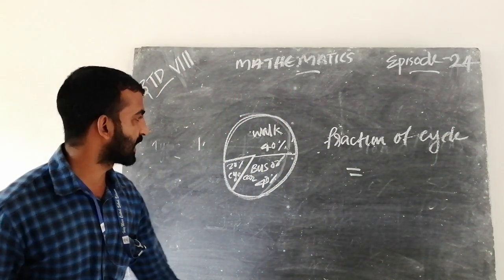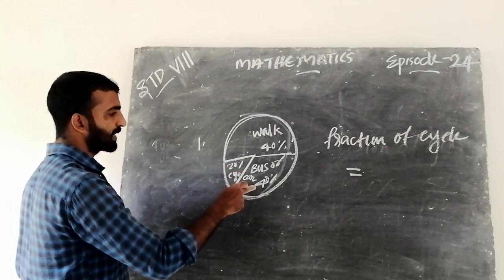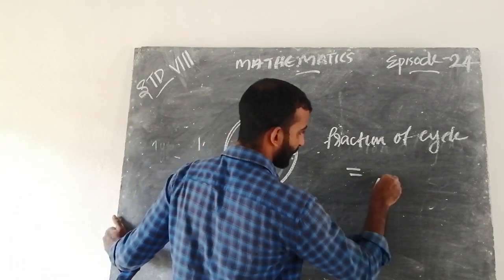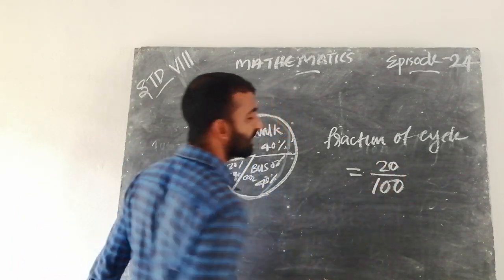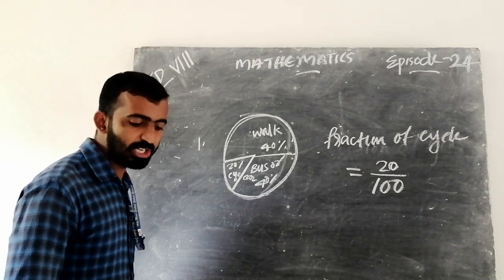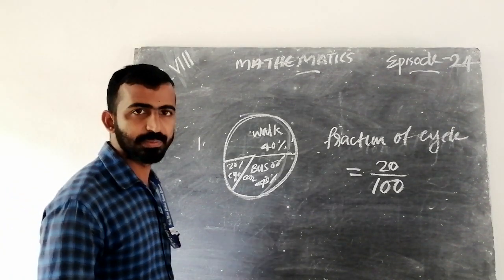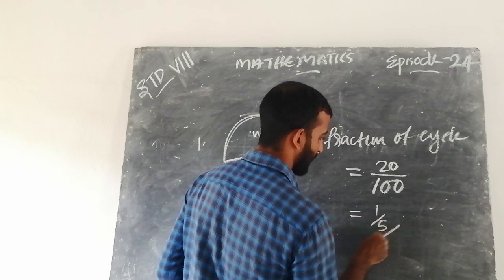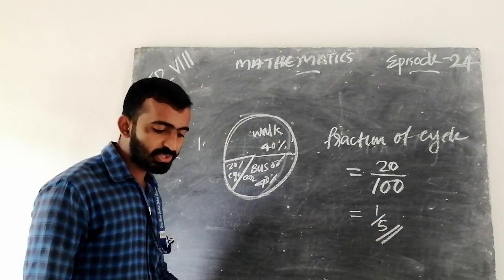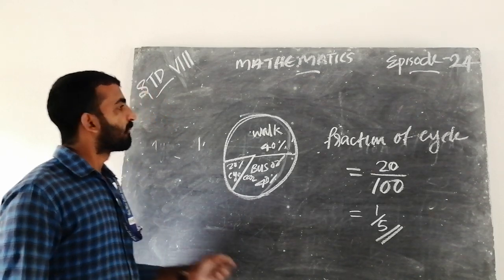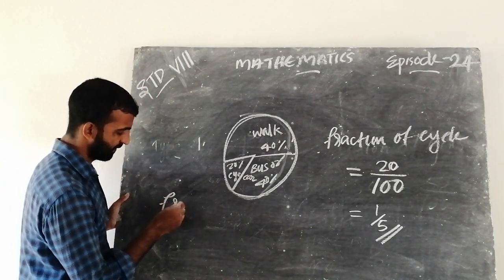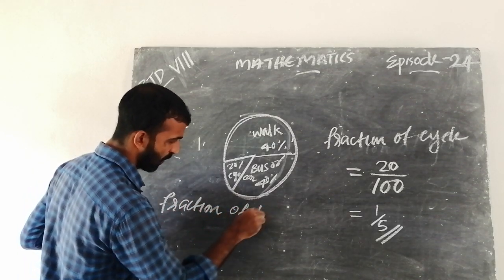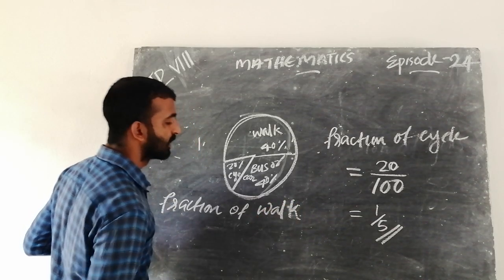What we can write here is, what is the total? 20 plus 40 plus 40. That is, we get 100. In 100, 20%. That is 20 by 100. Is it? Yes. That is, we get 1 by 5. Next, the fraction of walking.